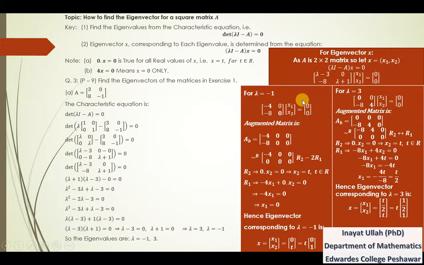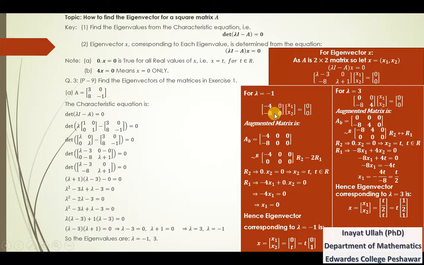Now we need to take the augmented matrix in order to find the values of x1 and x2, because x1, x2 is actually the x vector, and x is actually the eigenvector. So we are in search of the values of x1 and x2. For this purpose, this idea is very simple, and we have studied it in the previous lectures. What is the augmented matrix?